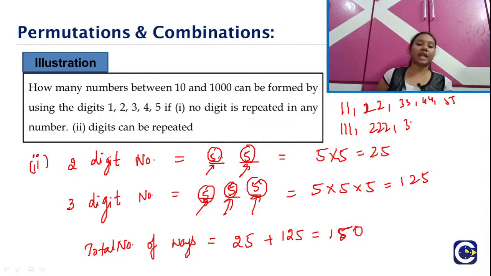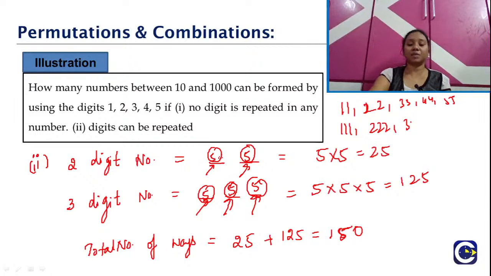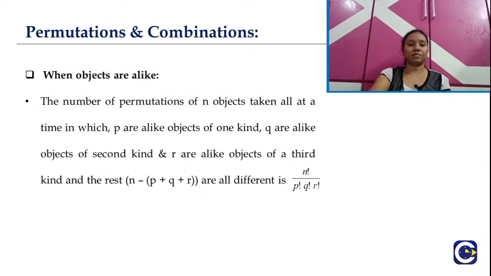So when digits can be repeated, the total number of ways will be 150, and when no digit is repeated, the total number of ways will be 90. This is how we'll answer questions related to these numbers, which is the easiest way to answer without any mistakes.